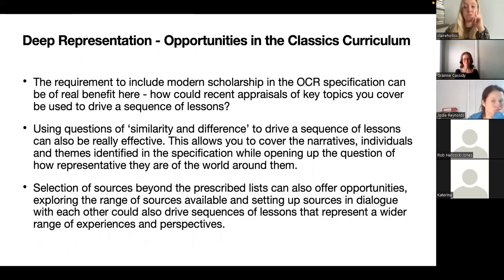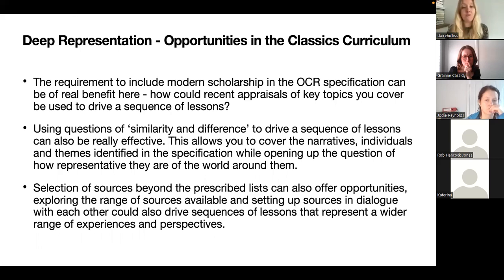Okay, so just looking at the time, yeah. So just in terms of thinking about what you might do in classical civilization here. From my experience of teaching the classical civilization course and talking to Sarah within my department about it, one of the things that might be an opportunity is the requirement to include modern scholarship, which is interesting because I know you were just talking about some of the problems it threw up.